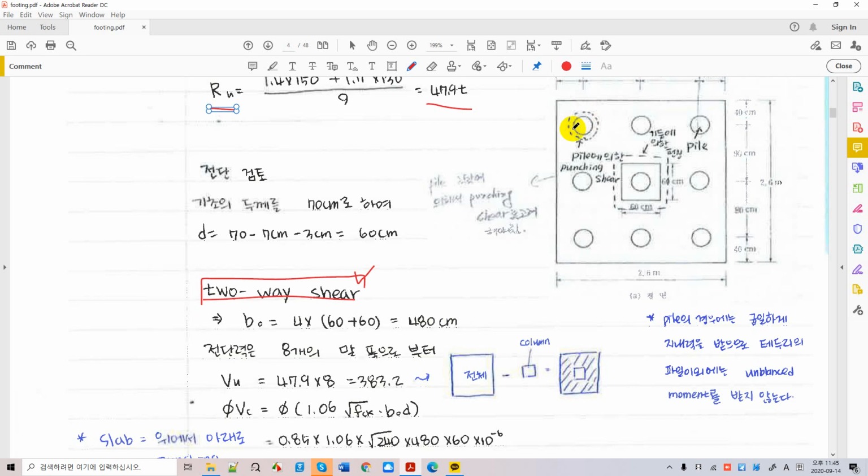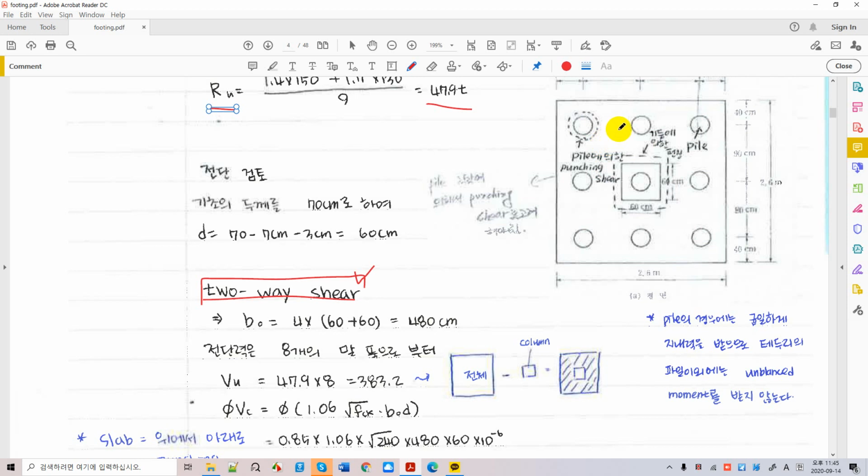Okay, so how many piles are going to contribute to the punching shear on this pile cap? So 1, 2, 3, 4, 5, 6, 7, 8. 8 piles will push the pile cap up outside of this perimeter. This is a punching shear.